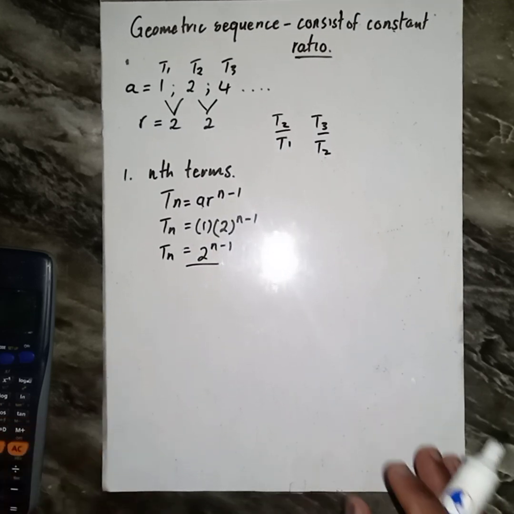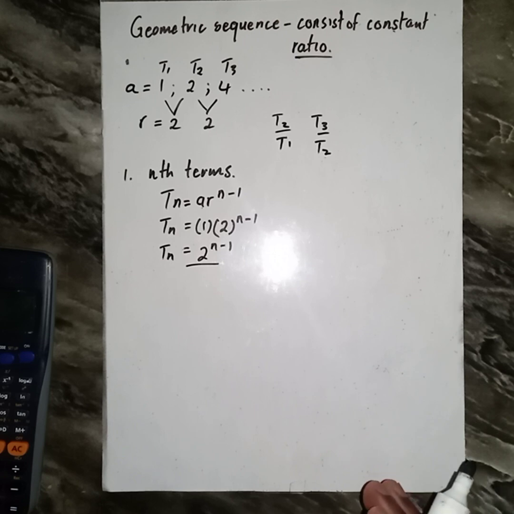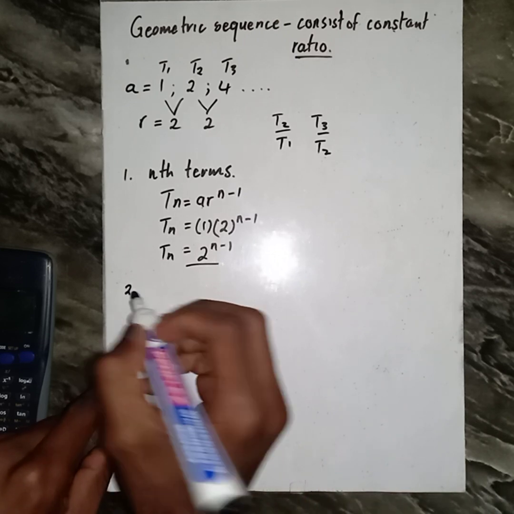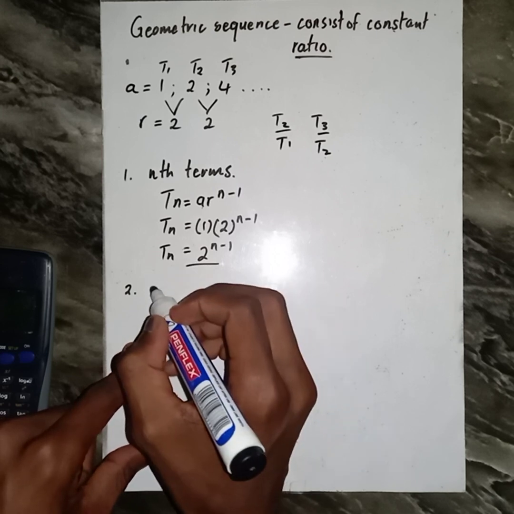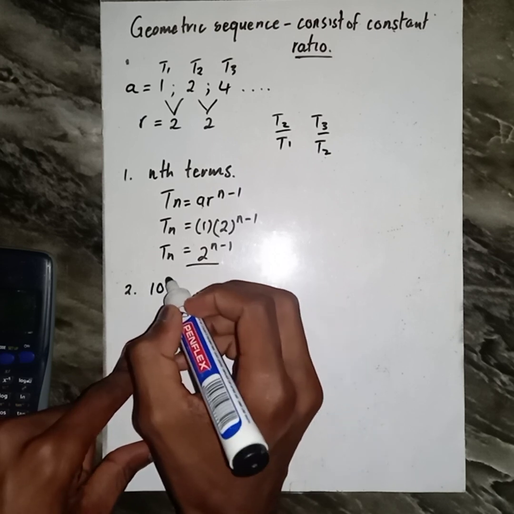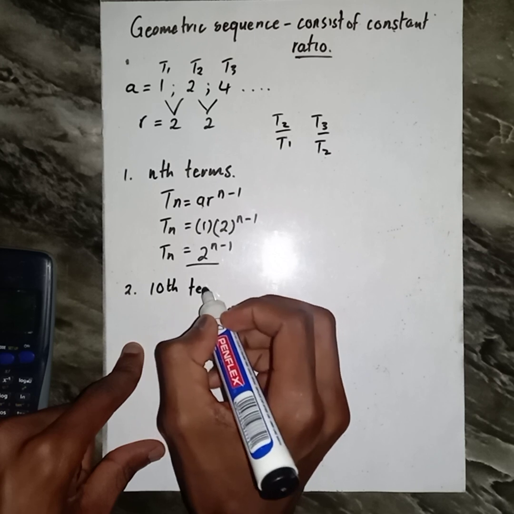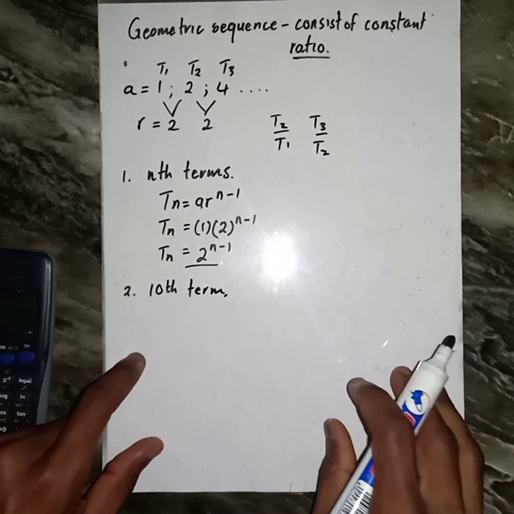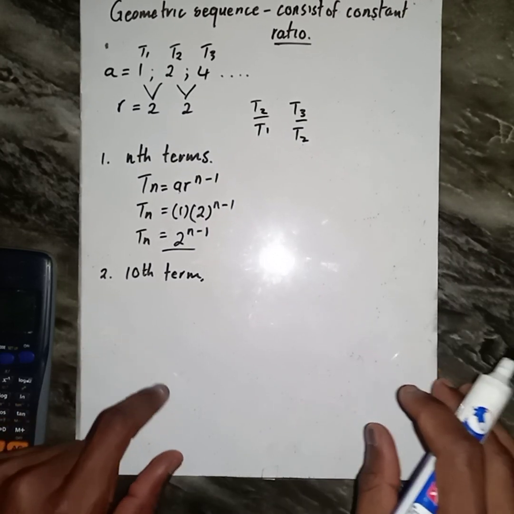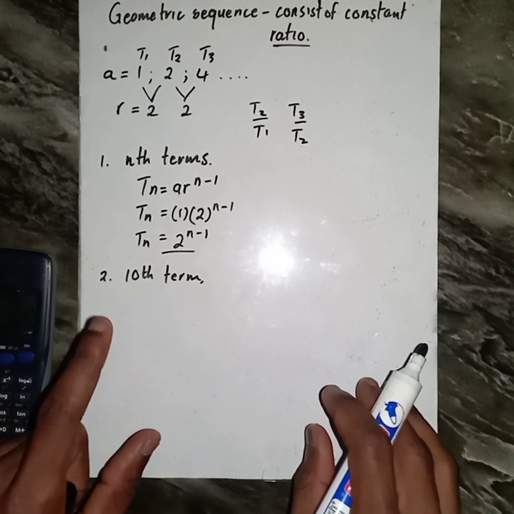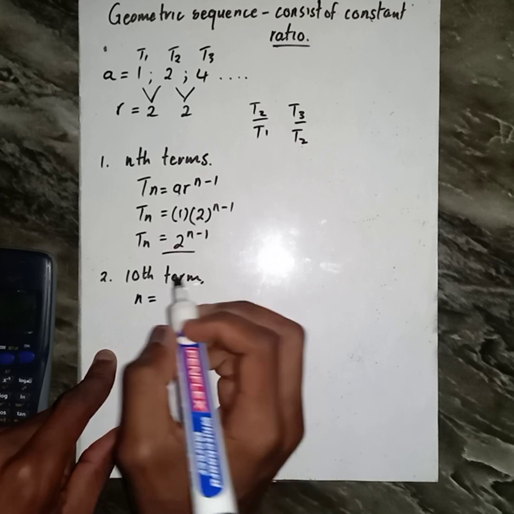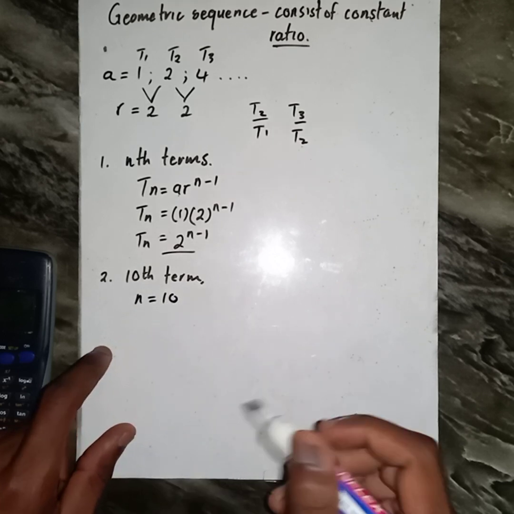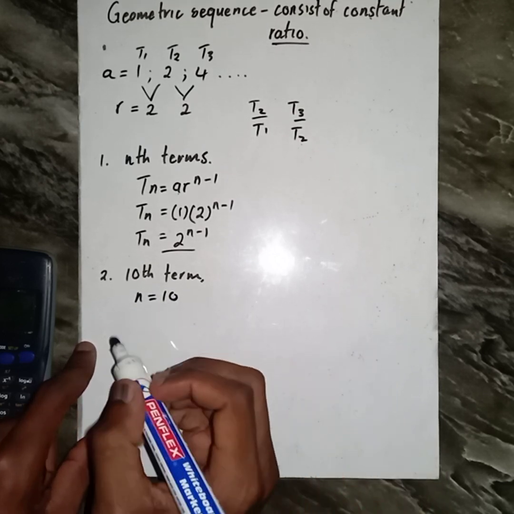Then let's say for the second question, I decide to ask you to determine the value of the 10th term of this sequence. How are you going to determine the 10th term of this sequence? It's so simple. Where you see n, you just substitute 10.